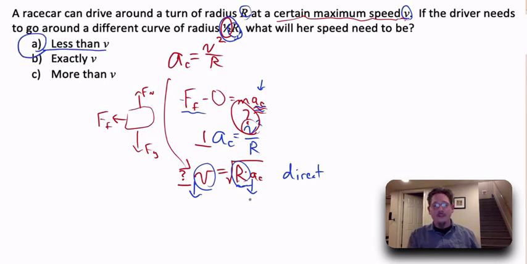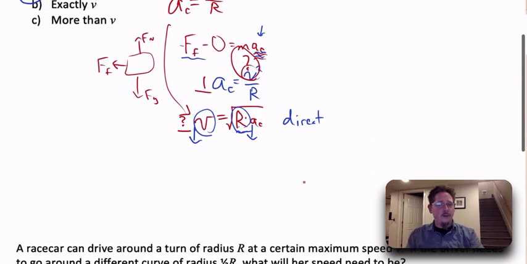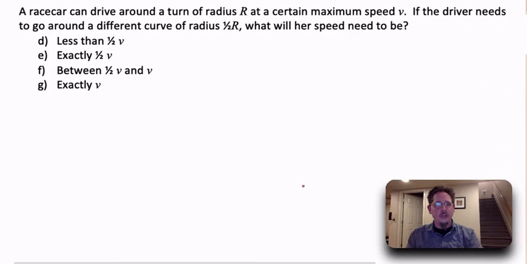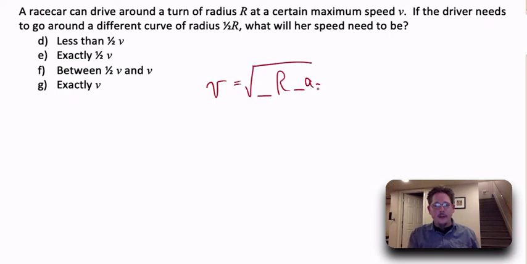Now let's figure out what we're going to do to get specifics. In fact, we can change the question around, not just to say, is it less than or greater than, but let's use the equation that we came up with. We can now make a better prediction beyond just saying it goes up or it goes down. What will our speed need to be if we have 1/2 r and the same acceleration?